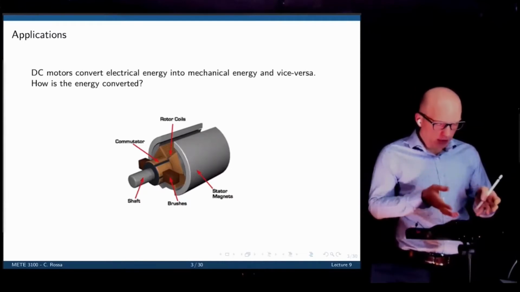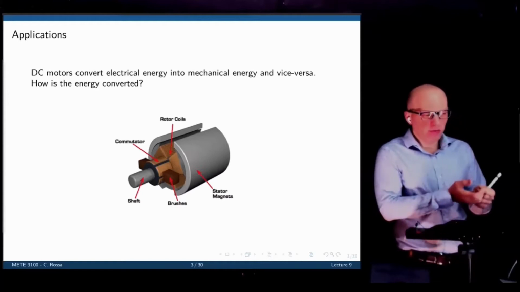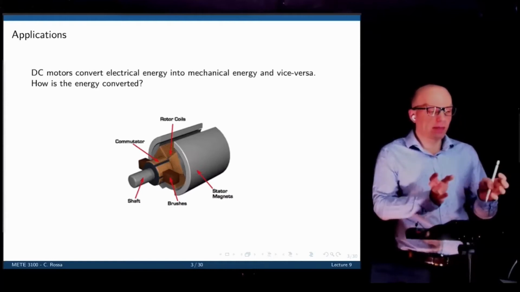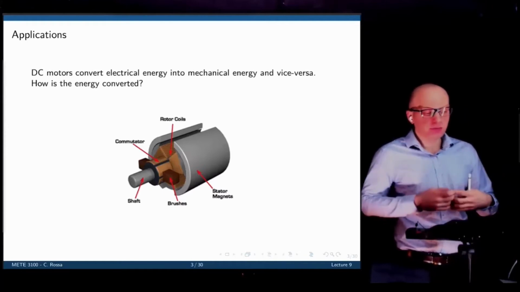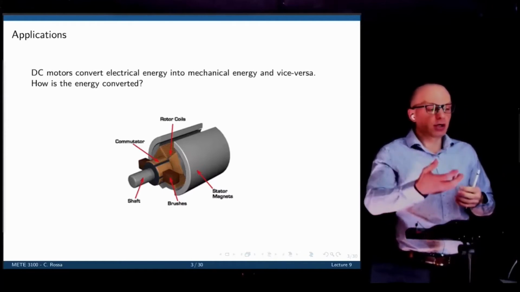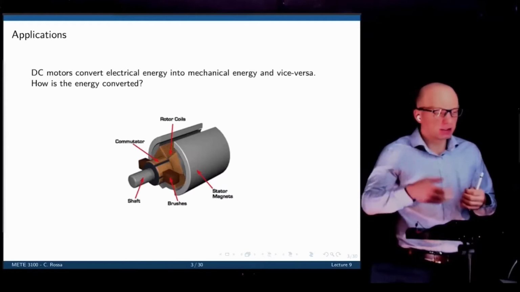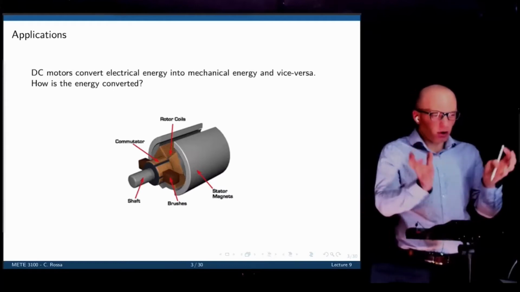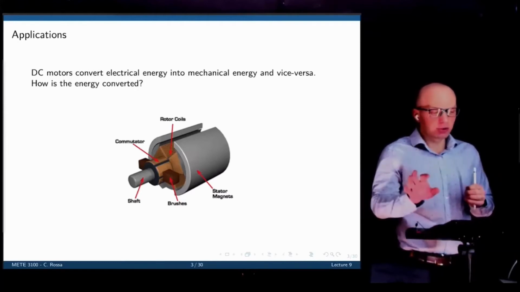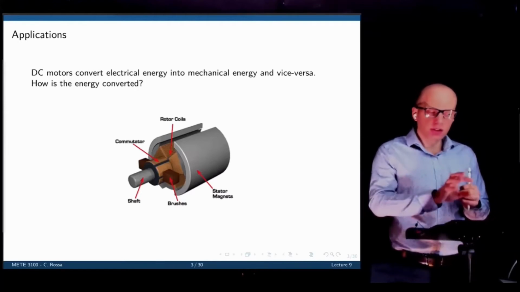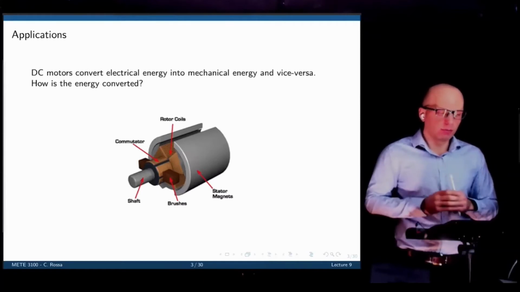We see here that we have coils that will receive power from the electrical source, that will generate a magnetic field that stores magnetic energy and eventually creates a force acting on the mechanical part, and the system moves. So how is all that happening? Today we're going to limit ourselves to the energy conversion part. You're going to see DC motors precisely in one of the future lectures.